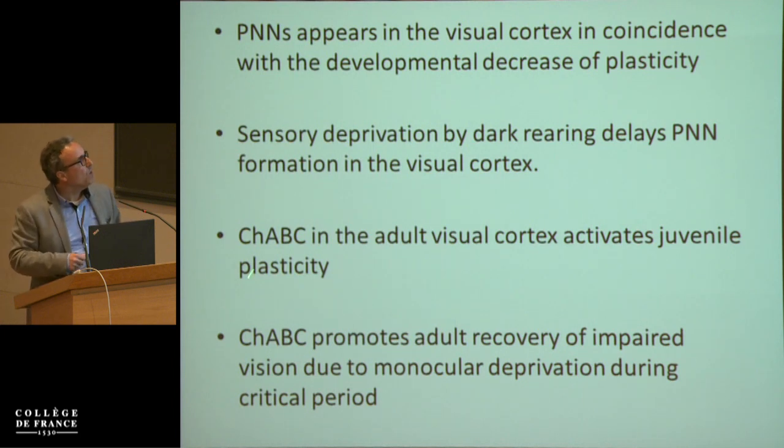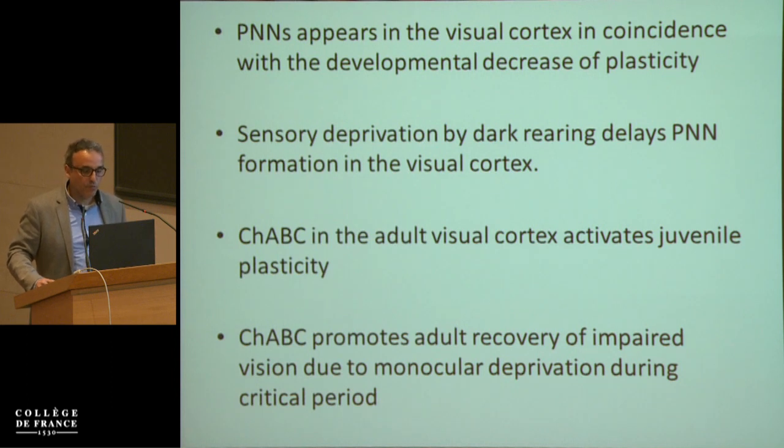When we apply chondroitinase ABC, which digests the lateral sugar chains of the chondroitin sulfate proteoglycans in the adult visual cortex, we could have the plasticity that we get in juvenile animals. We could also exploit this plasticity for a good purpose, because when you deprive a young animal, you get this loss of visual acuity, this amblyopia.